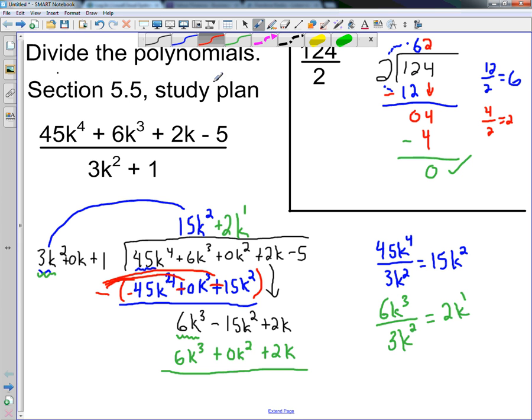Again, I'm going to subtract this entire thing. So what I like to do is I just go through and change the signs. They were all positive, so now they're all negative. Again, these should reduce out to give you 0. We get a negative 15k squared. Again, that gives us 0. We bring down the last number, which is a minus 5.